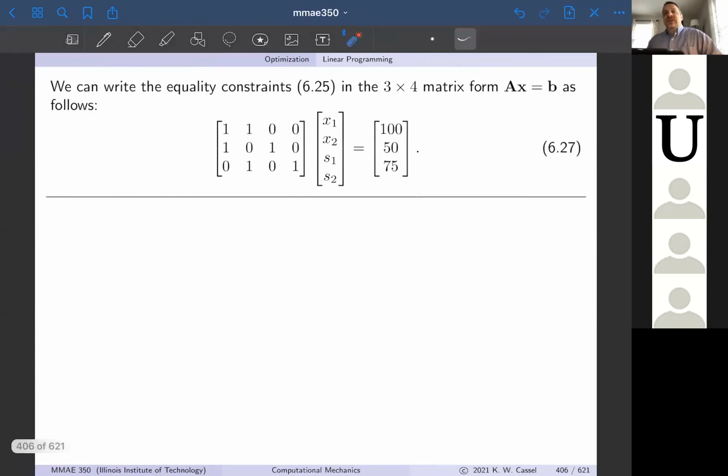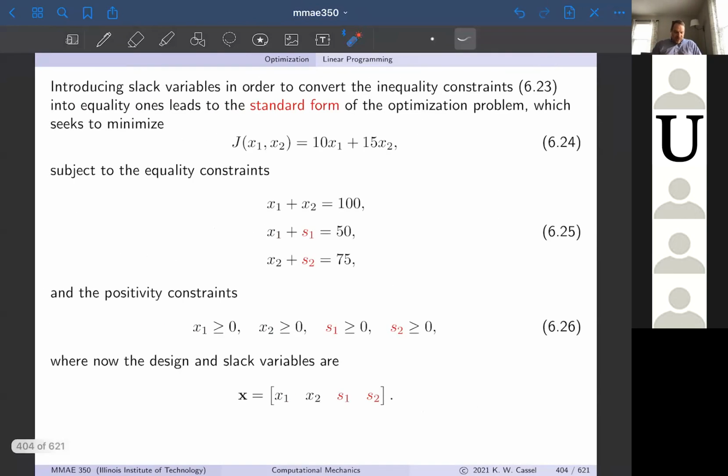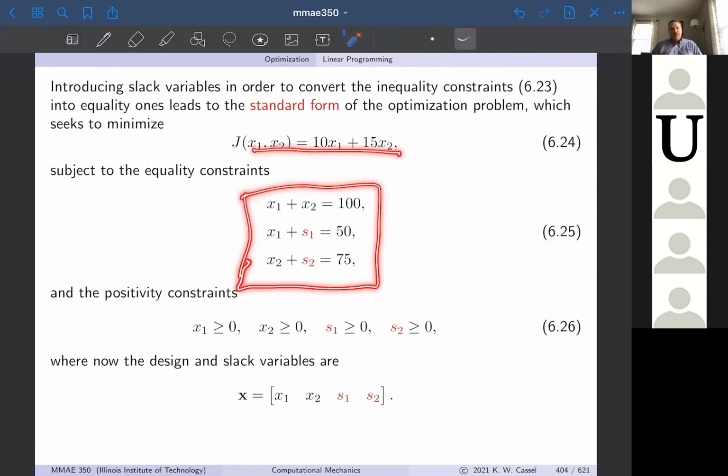Now we can put this into a matrix form, because if you look at our system of equations, let's go back here. I have my objective function, and then I have 3 equations. These are all linear equations for x1, x2, s1, and s2.